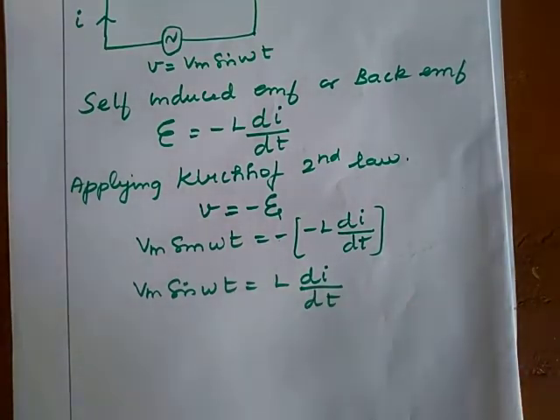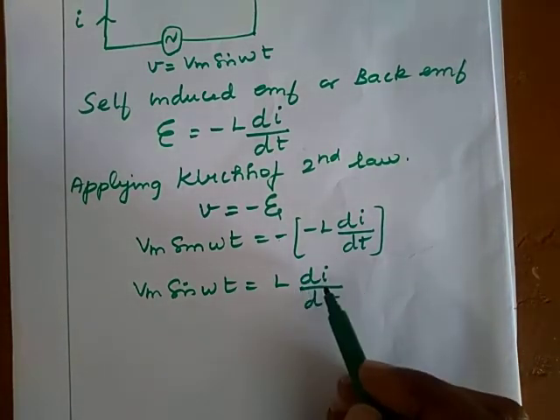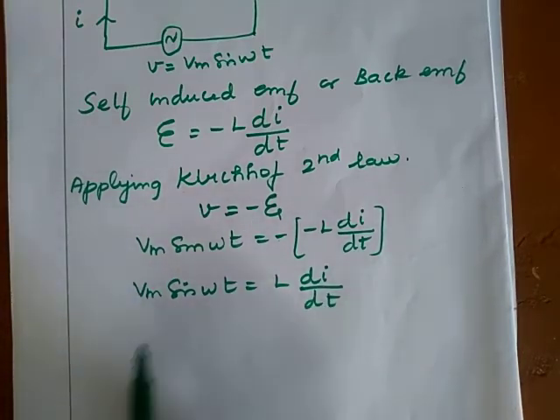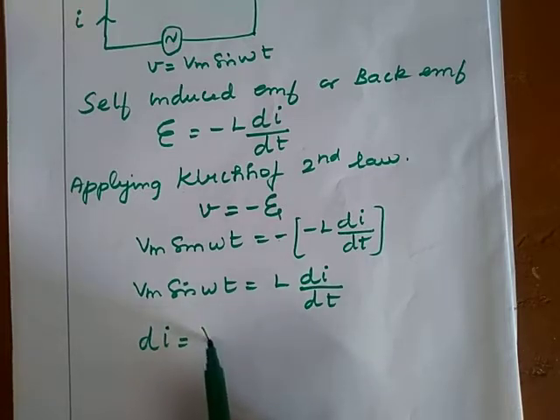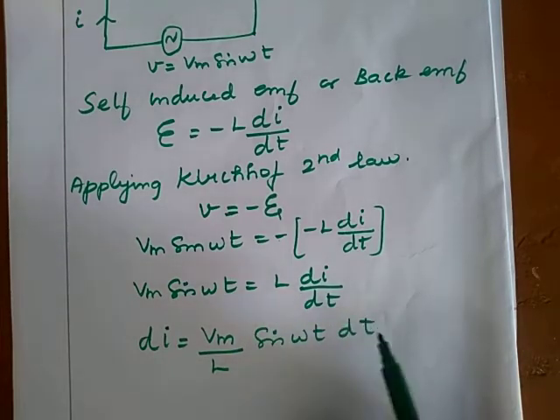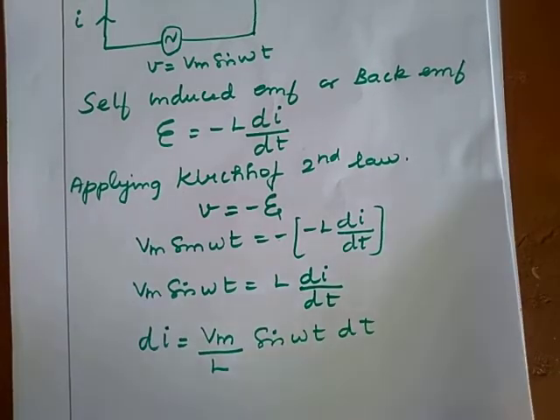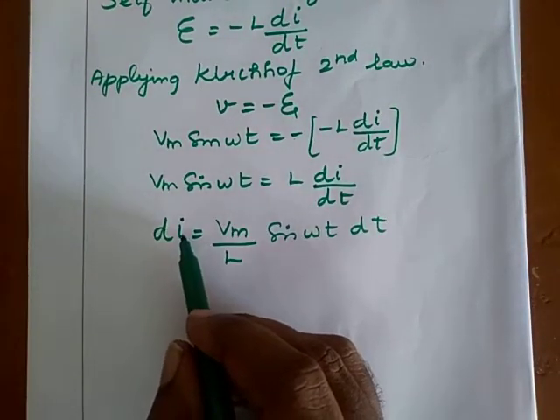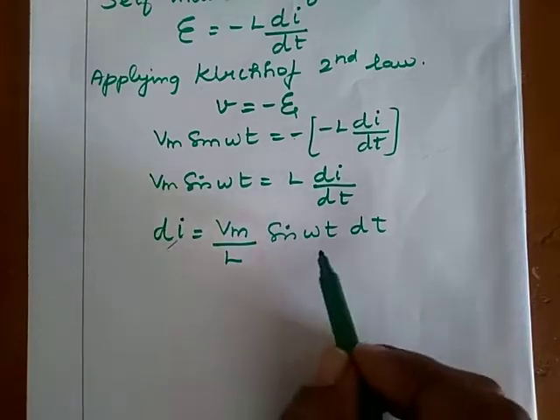Our ultimate aim is to find the phase angle between the current and voltage. So I am considering the current alone, and the remaining terms go to the other side. Then di = Vm/L sin omega t dt. In order to find I, I am integrating this equation on both sides.